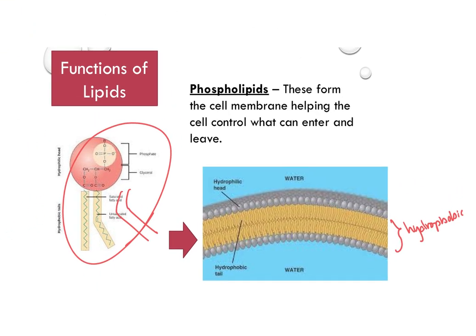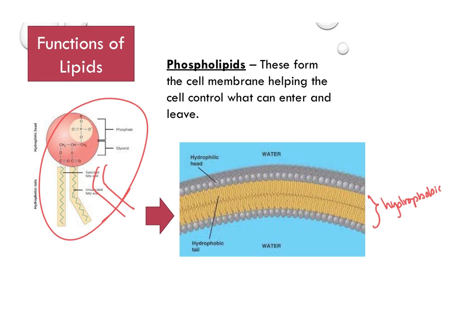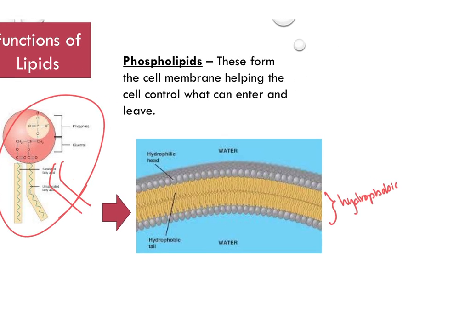Because of that fat in it, it gives it a hydrophobic nature. This is why oil and water don't mix. Because of this hydrophobic nature, this can control what goes into and out of the cell, so this is going to help with homeostasis of the cell as well.